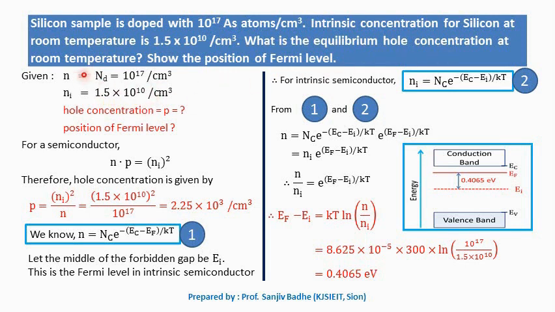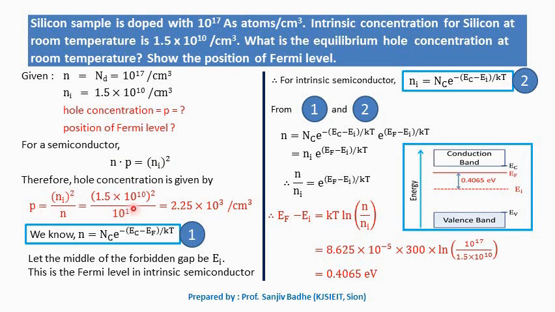First we are asked to calculate the hole concentration. So for calculating the hole concentration, we will use this relation. The product of electron concentration and hole concentration in the semiconductor is equal to square of the intrinsic concentration. So hole concentration will be equal to ni square upon n. ni is given to us, n is also given to us.